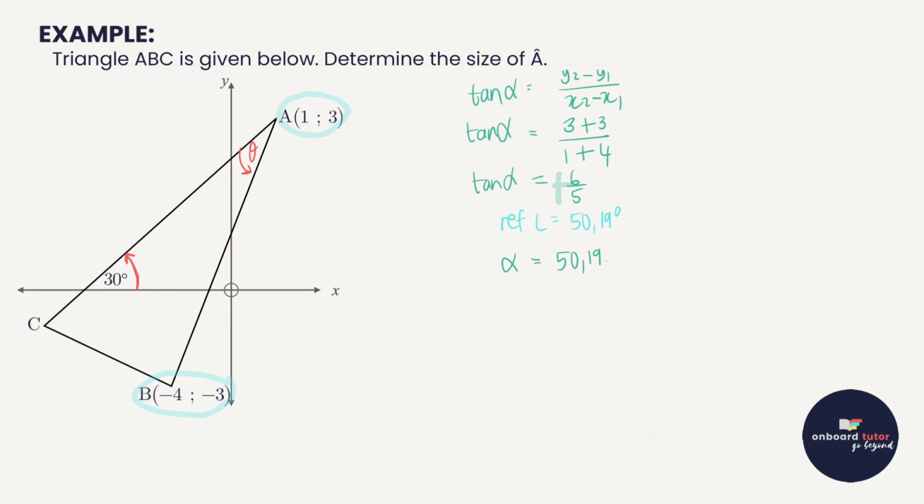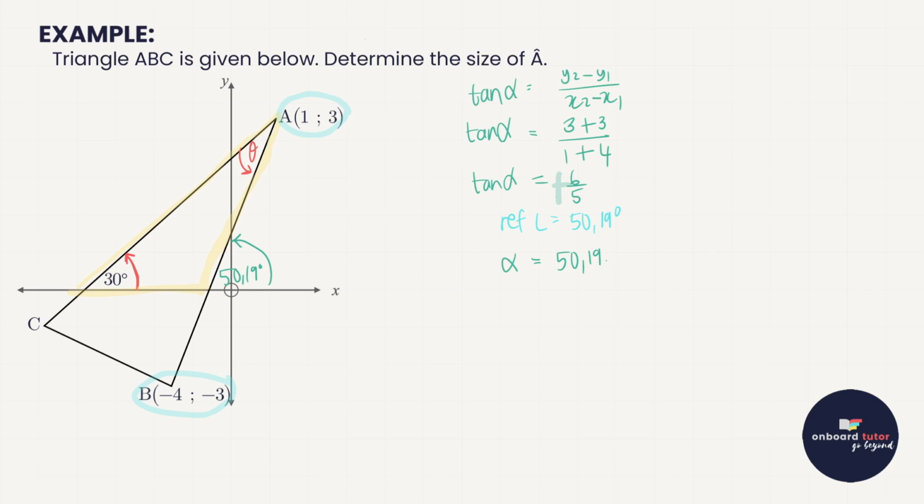But we know there's an angle here, 50,19, and what we need to get good at seeing is that there's actually more than one triangle on this Cartesian plane. Look at that. We can work out in a very similar way to the previous example, using the exterior angle of a triangle, the size of theta.